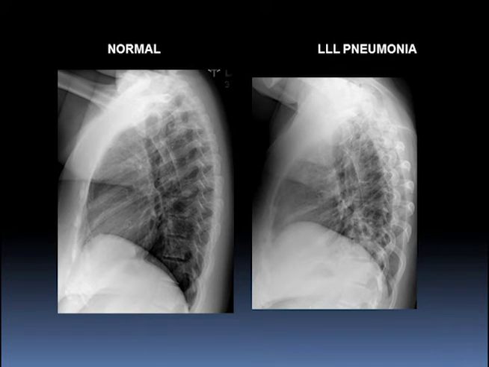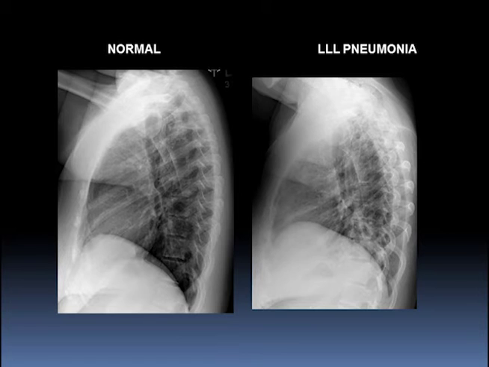If we go to the lateral view on the same patient, on the normal film on the left, you can see the right diaphragm going all the way to the front, and you can see the left diaphragm that comes up and stops at the heart. If you look at the lateral view on your right side, where there is a pneumonia, we can see all of the right hemidiaphragm, but we don't see any of the left hemidiaphragm anymore, and that's because there's consolidation.